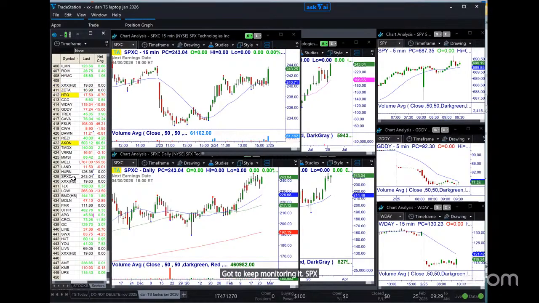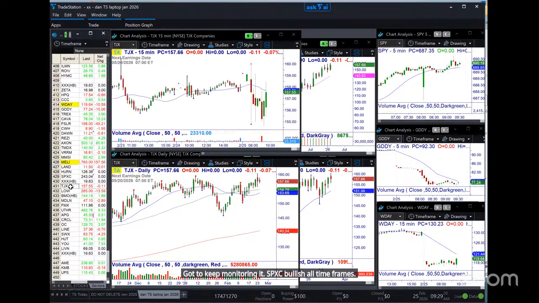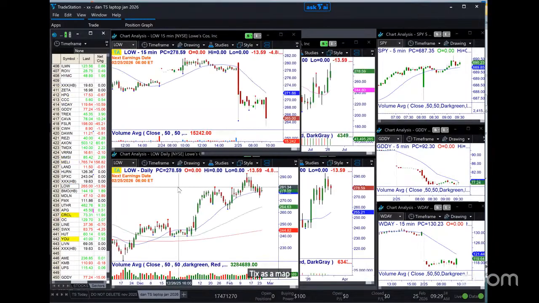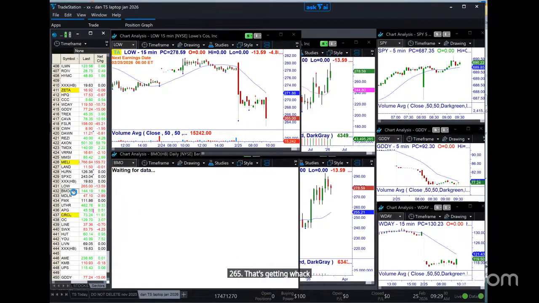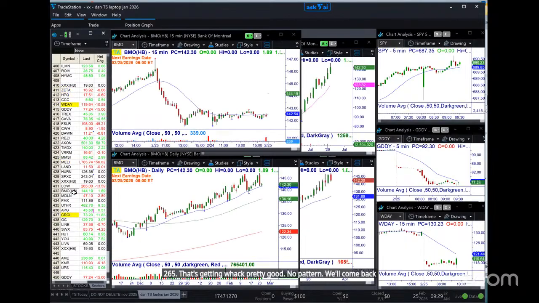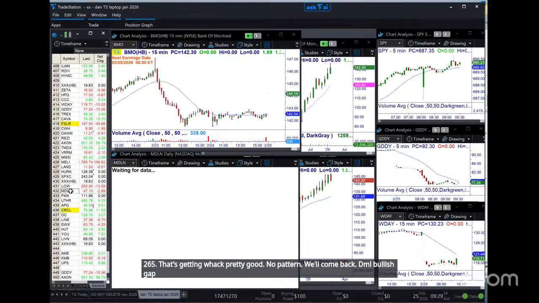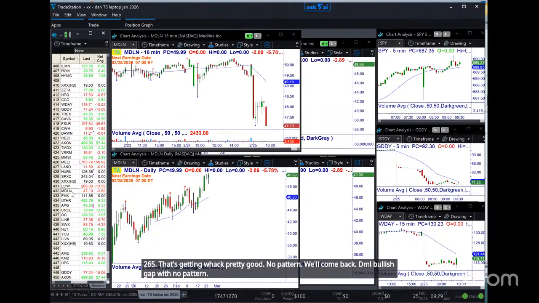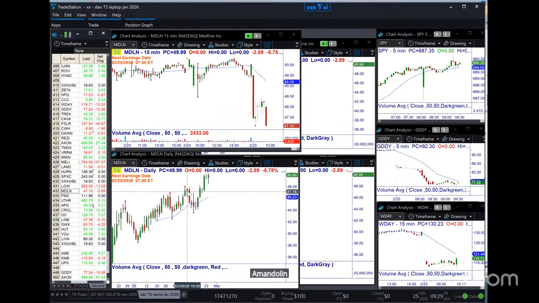SPXC, it's bullish, all time frames. TJX is a mess. LOW, Home Depot was yesterday. 265. That's getting whacked pretty good. No pattern. We'll come back. BMO, bullish gap, but no pattern. Mandolin 47.